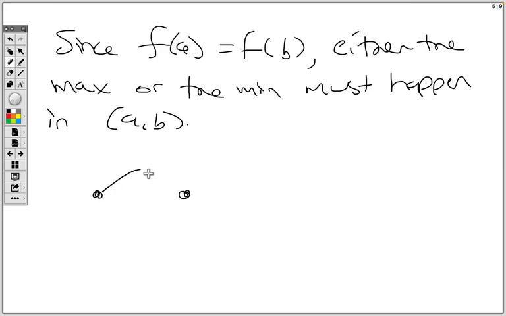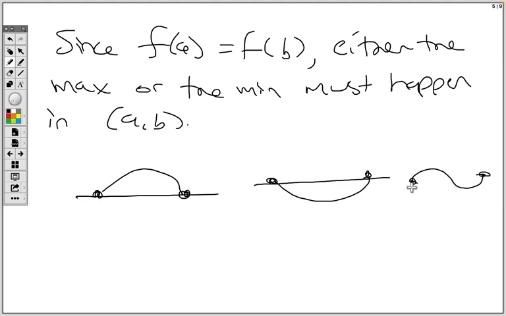So in this case, the maximum's happening inside. In this case, the minimum's happening inside. Or in this case, the max and min are both happening on the inside. But the fact that the function is the same at these endpoints means that we're in one of these cases.